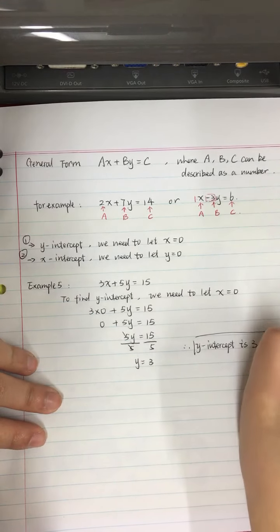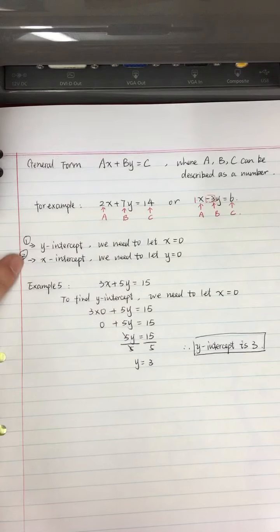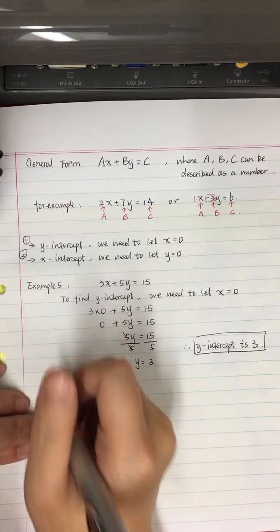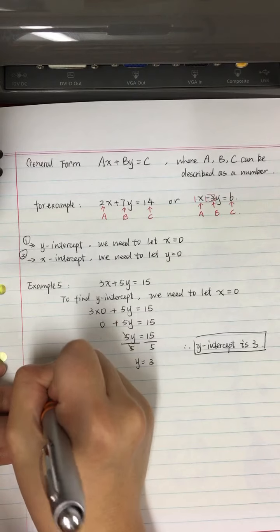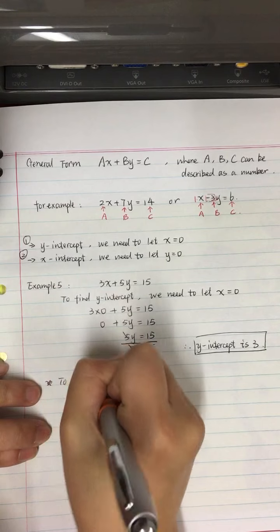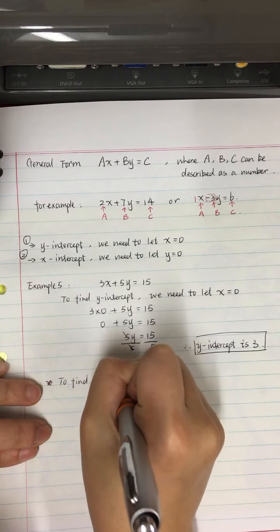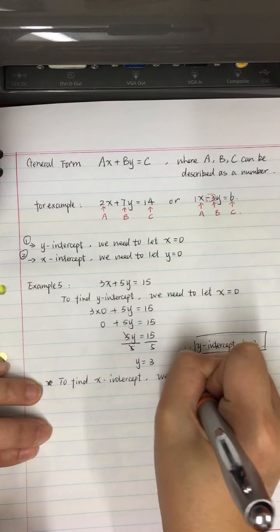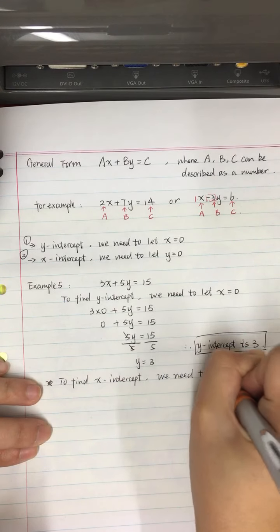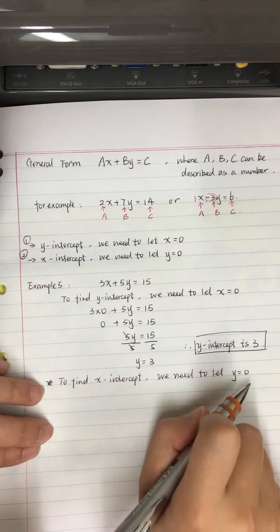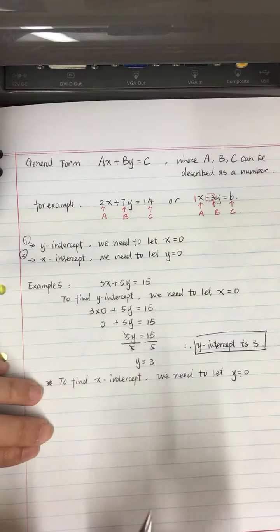So we'll need that later. Our second step is to find the x-intercept. To find the x-intercept, we need to let y equal 0. What that means is substitute y equals 0 into the equation.